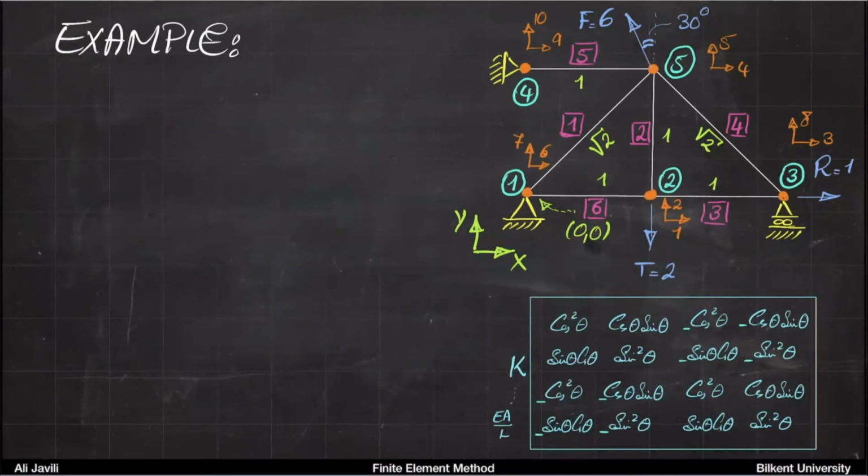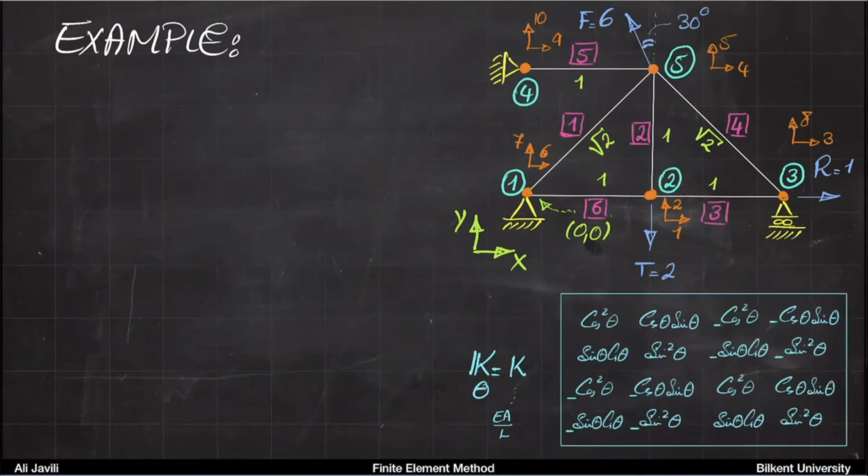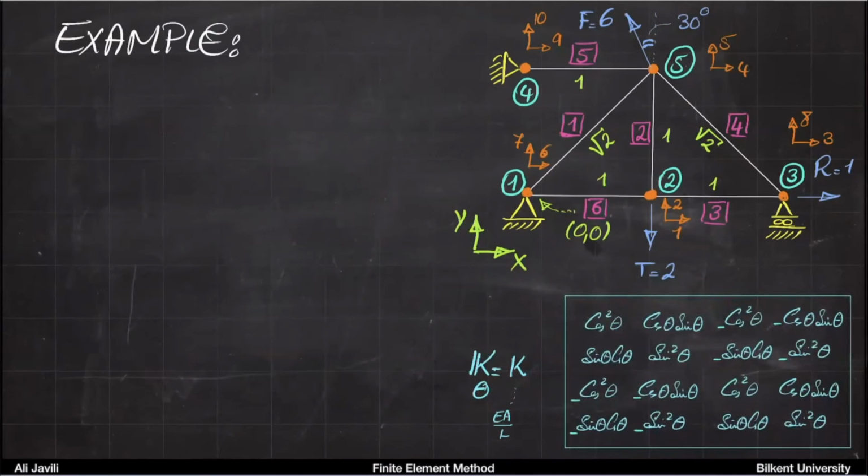Now we have the stiffness formula for any angle theta. All you have to do is take that for each element and just calculate the elements. Because I want to emphasize that EA over L factor, let me also split it into 2 parts. It would be EA over L times that.